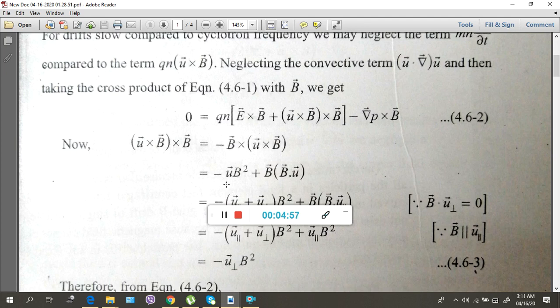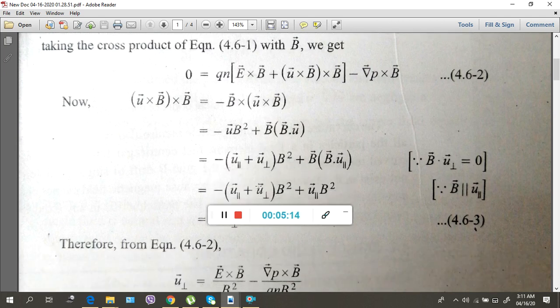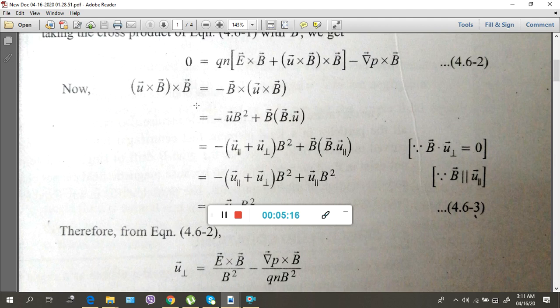So we know that the BAC-CAB rule gives minus u B squared plus B (B dot u). From here we can say that the average velocity has components parallel to B and perpendicular to B.